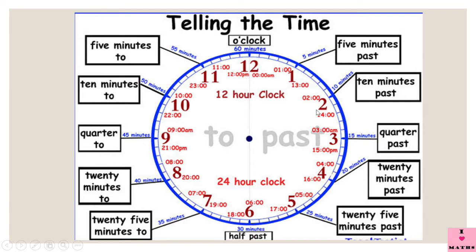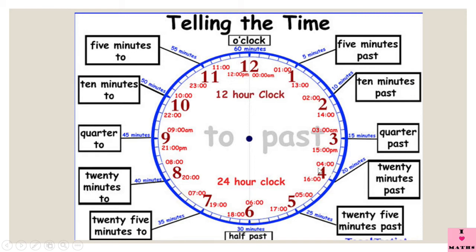2 p.m. or 2 o'clock in the afternoon, since it is the 14th hour of the day, is written as 1400 hours in 24-hour clock. 3 o'clock in the afternoon is actually the 15th hour of the day, so it is written as 1500 hours.